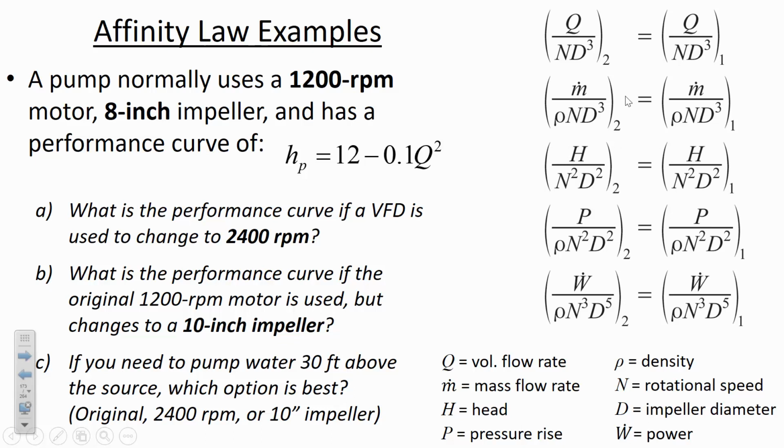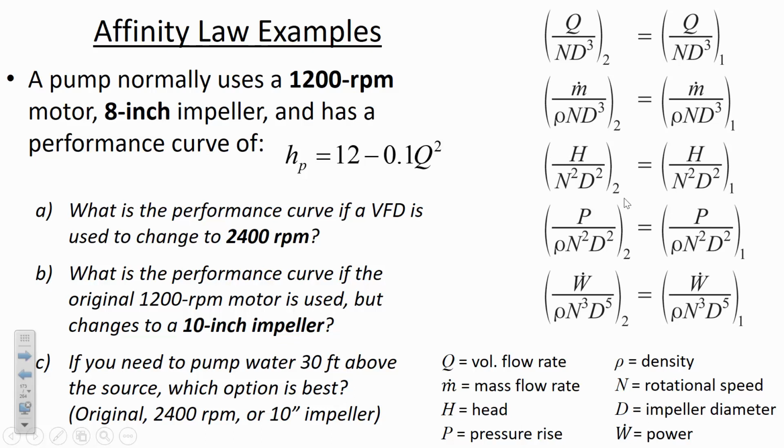This problem isn't speaking to a mass flow rate, the power consumption, or the pressure rise, but the two pump law equations we're going to use are the top one and the middle one, because we've got a change in Q and a change in H. And so this H1 was under flow rate 1, and we want to find H2 for Q2.